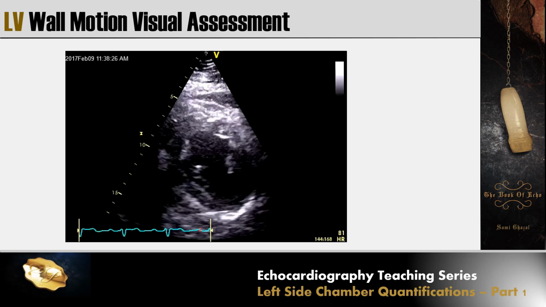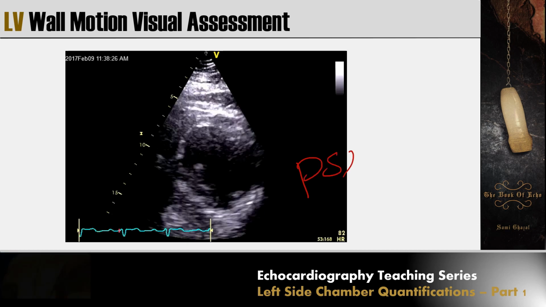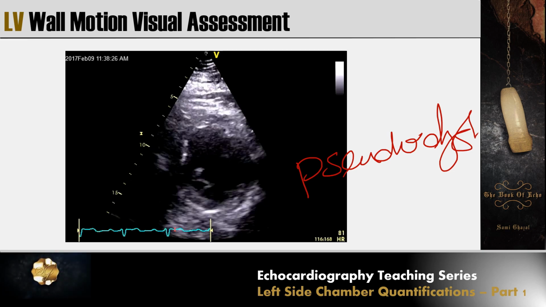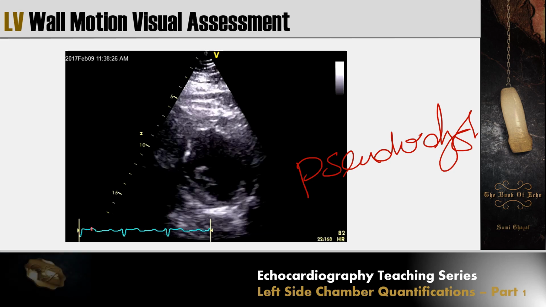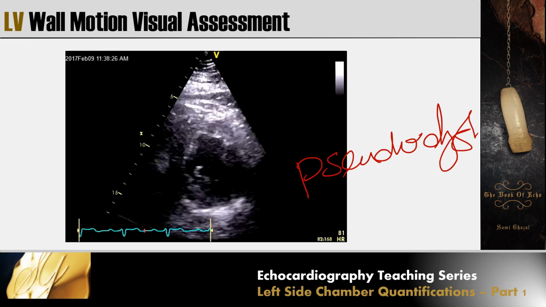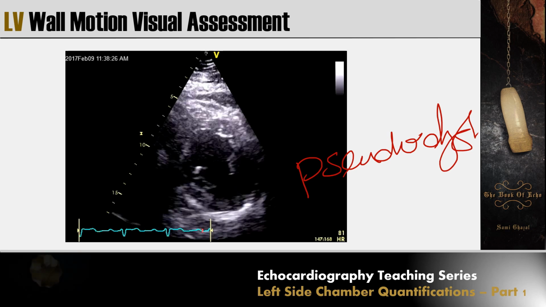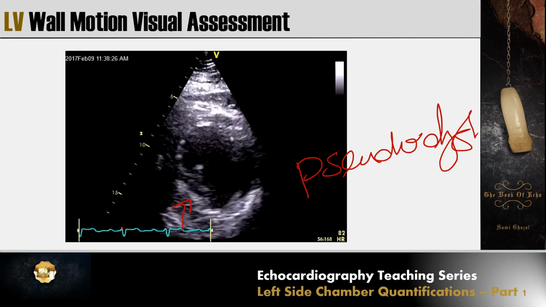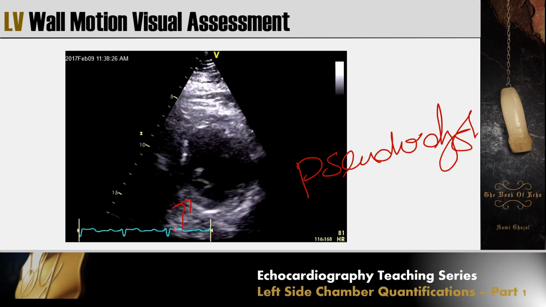There is something called pseudo dyskinesis. It is not true dyskinesis, but it's pseudo. What's the difference? So again, dyskinesis or a dyskinetic segment is an outward bulge during systole. But if you look at this segment, the apical inferior segment, or here the mid inferior segment, you will see that during diastole it bulges inside.